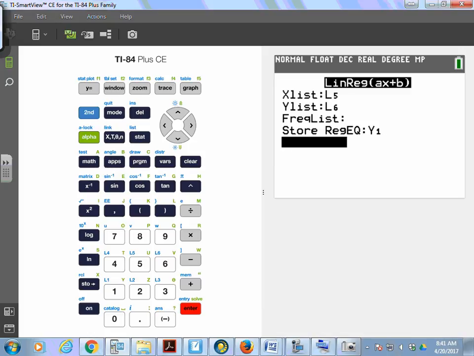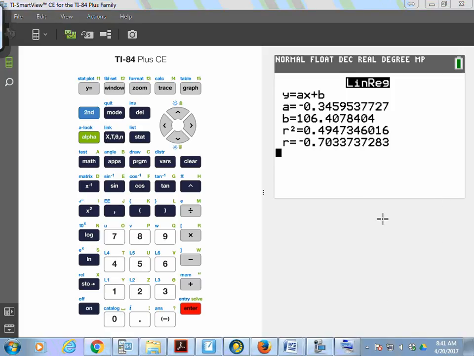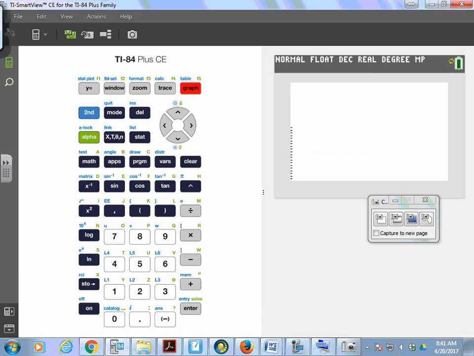All right, so let's write down our equation. And we can see that the correlation in this case is negative 0.7, so even farther away from negative 1. According to our graph, the points don't fit real closely to the line. The closer these points are to the line, the closer r is going to be to positive 1 or negative 1, depending on the slope and the correlation.